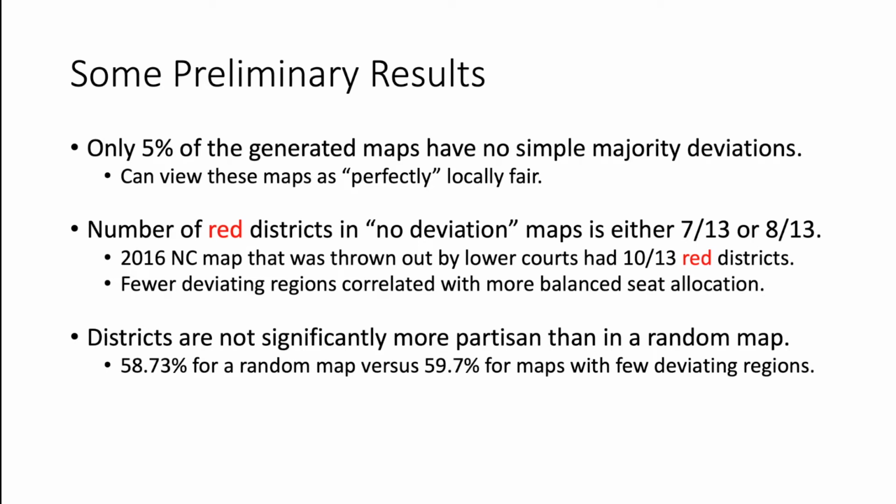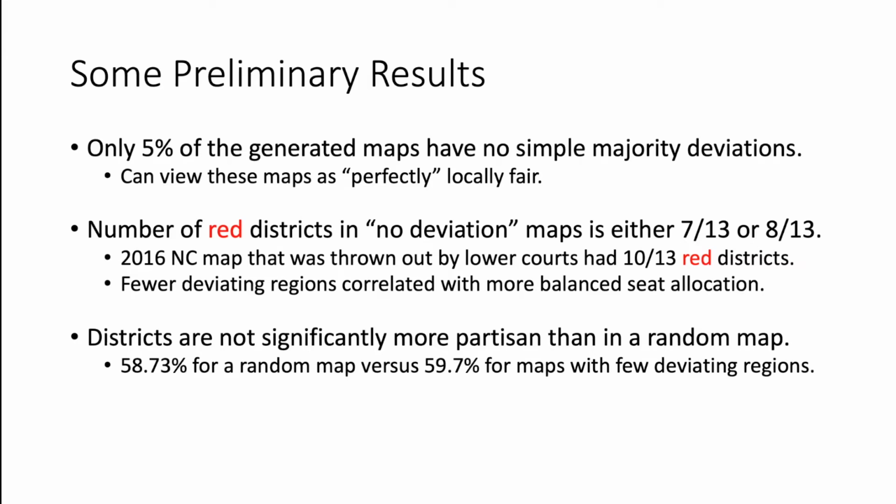One question one could ask is, does local fairness just mean that we are packing all the red voters in one district and all the blue voters in another district so that everyone is happy, but these districts are not really competitive? It turns out that is not the case. Districts are not significantly more partisan in these locally fair maps than in a random map that Recom generates.